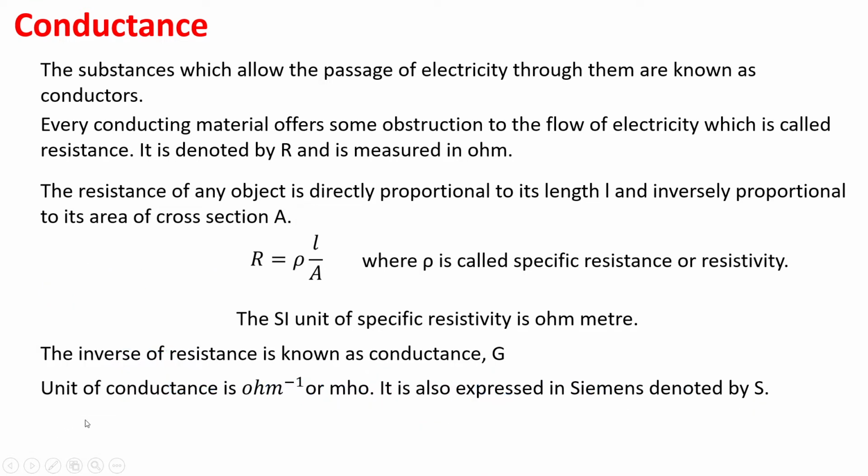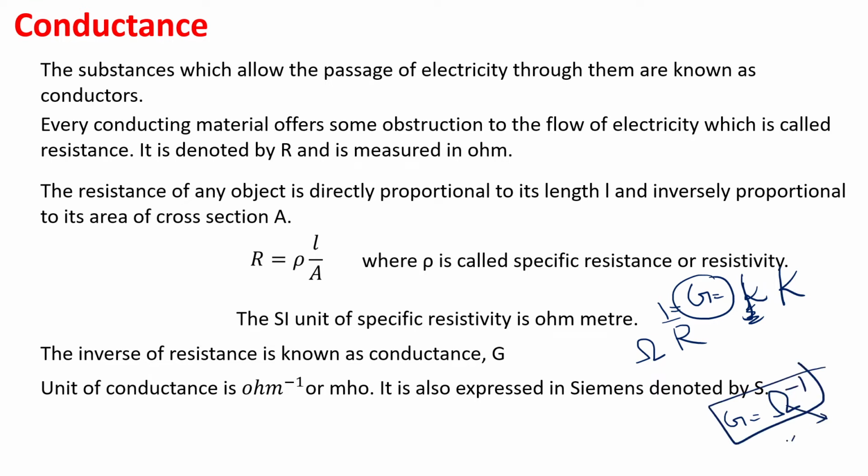We just derived that G is equal to kappa into capital K, and G is equal to 1 by R. So if the unit of resistance is ohm, then the unit of G will be ohm inverse, or we can also call it Siemens.